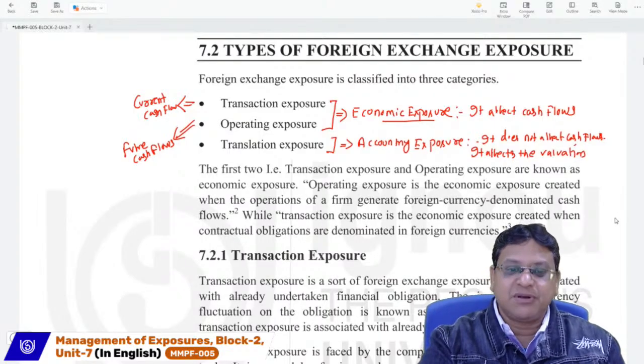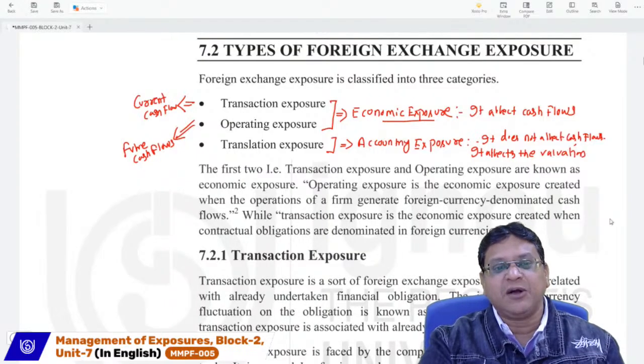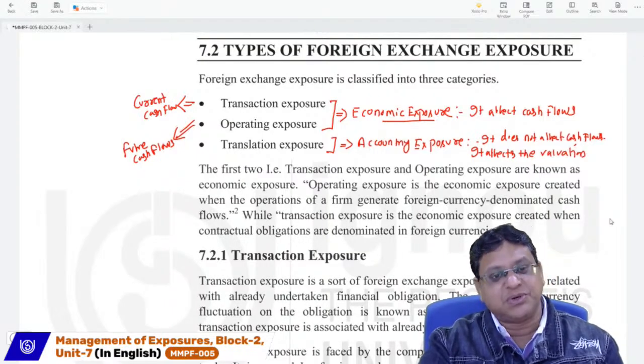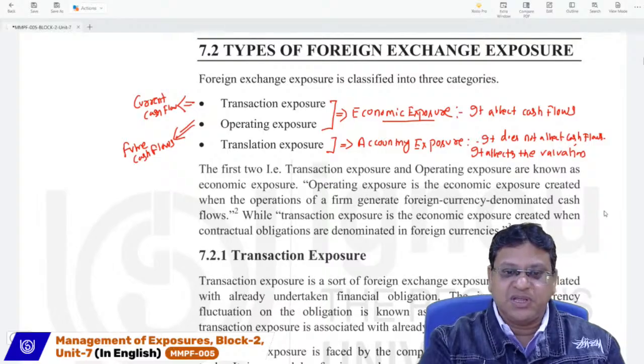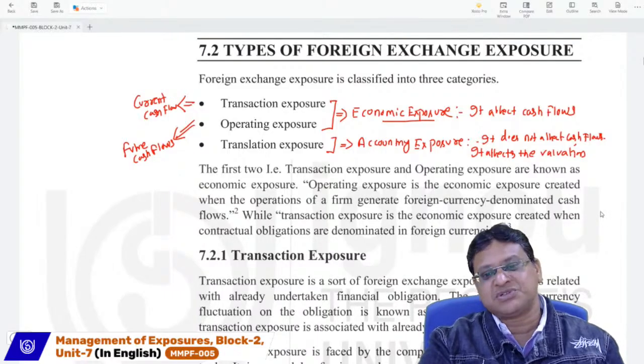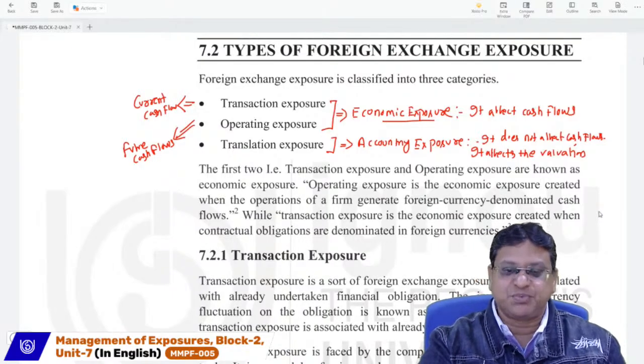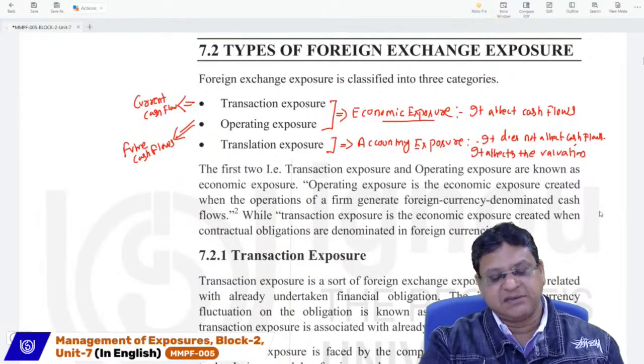It affects the valuation of assets, it affects the valuation of liabilities, it affects the valuation of equities. Hence, this is also known as accounting exposure or valuation exposure. So, transaction exposure or transaction risk, operating exposure or operating risk, translation exposure or translation risk. So, these are three basic types of foreign exchange exposure or forex risk.